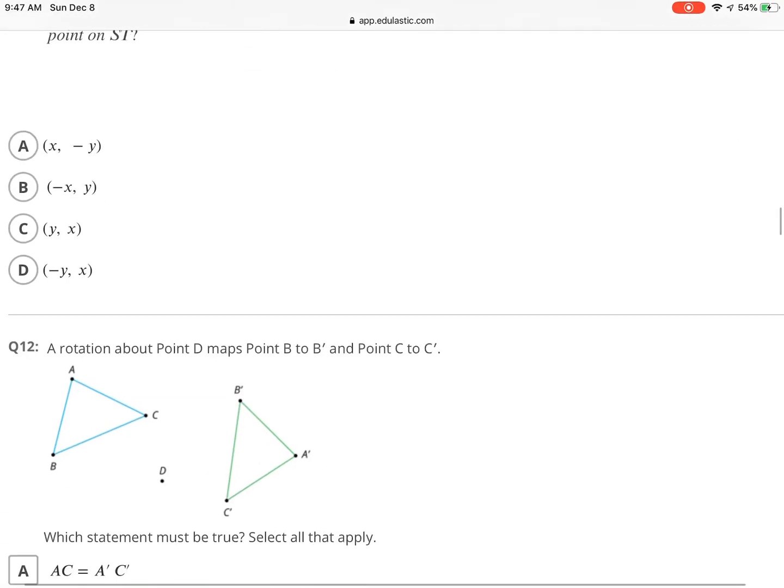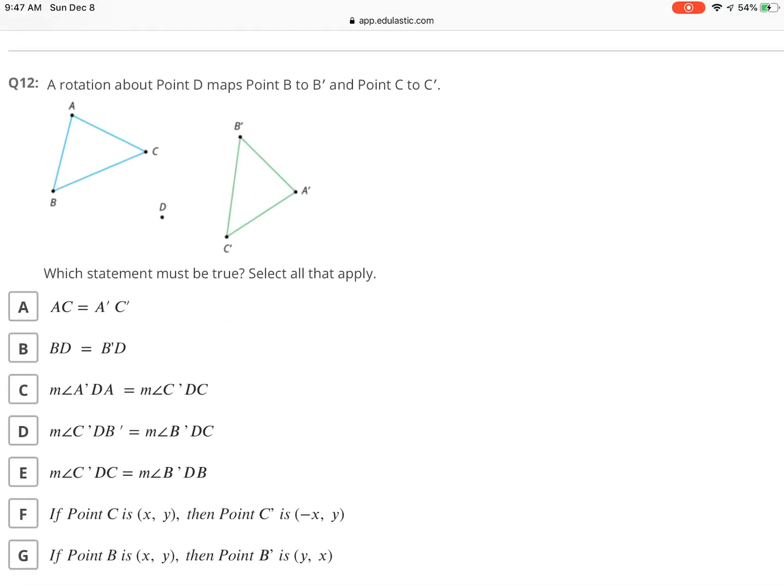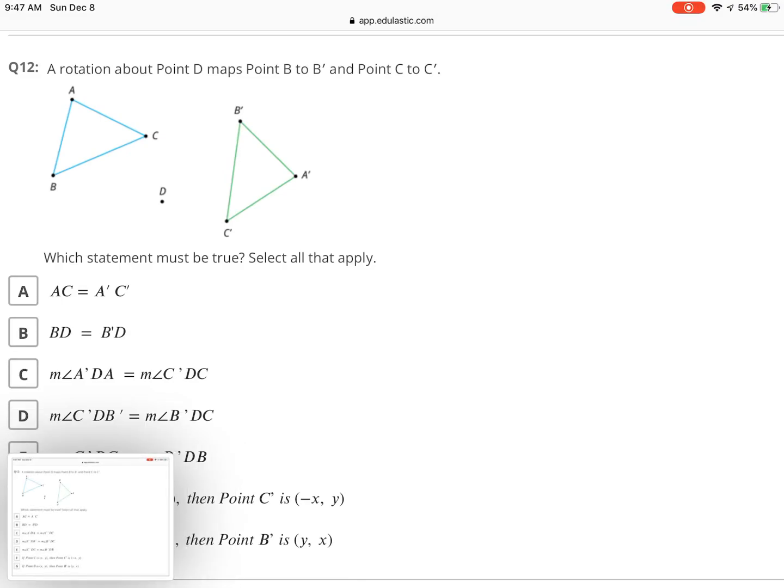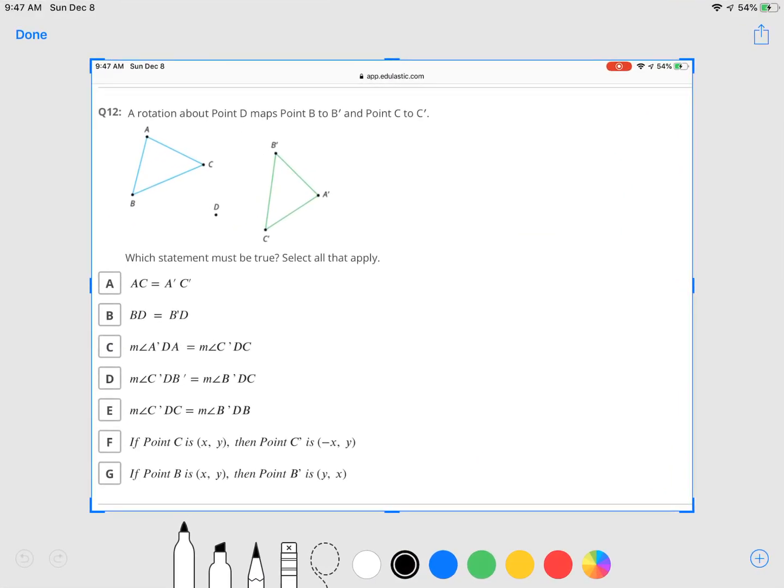Okay, number 12. This was one of the hardest questions that we've had this year. It required you to know exactly how rotations work. So let's go through the different options. It says AC is equal to A prime C prime. That is correct. This line segment is the same as A prime C prime, because when we rotate around this point D, the shape itself doesn't change size or shape or anything.